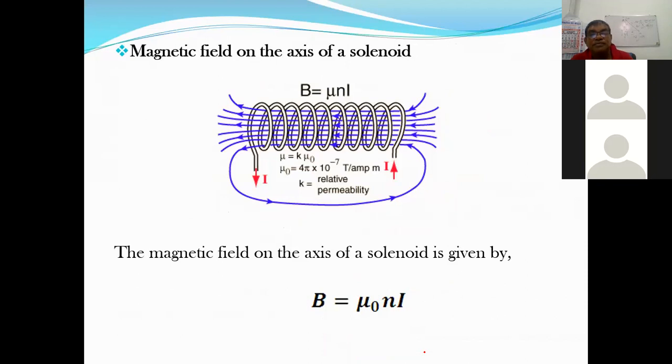So we have the solenoid here. There we have the number of turns, that is n. The number of turns n means in the unit length.